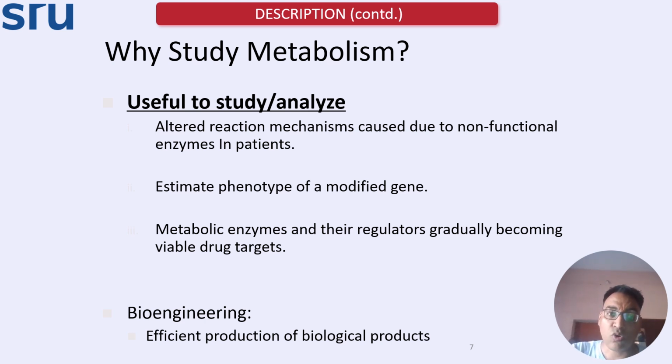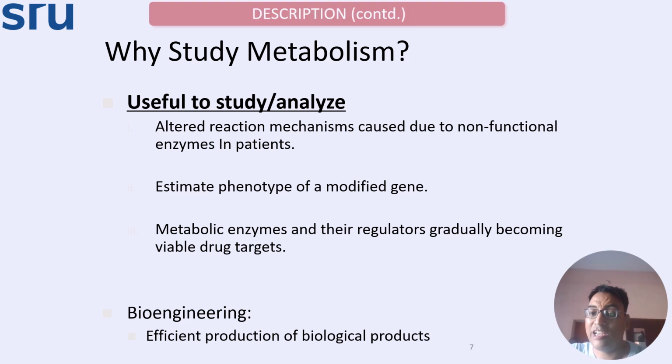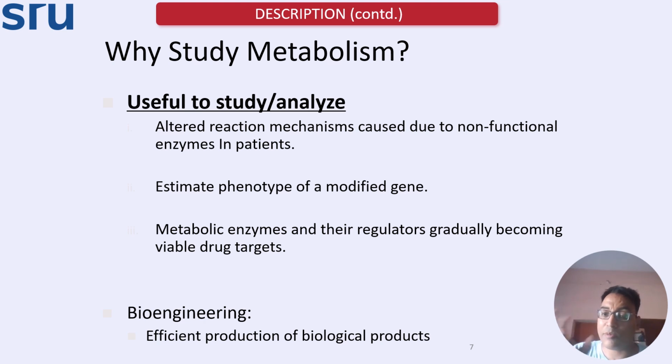If I measure how much oxygen hemoglobin is able to bind, I'll find that sickle cell RBCs are unable to bind the required amount of oxygen. There's some limitation, some problem there. So by analyzing the FBA for these kinds of cells, I'll immediately get some insights into the mechanism.